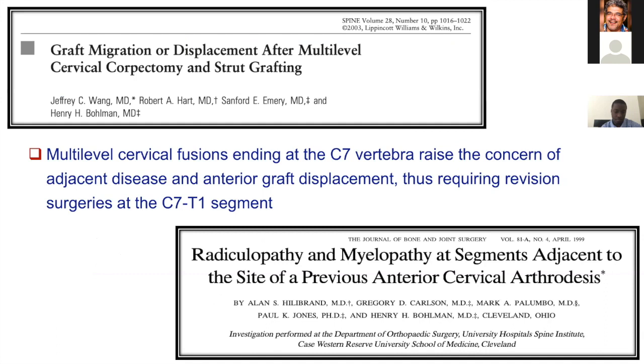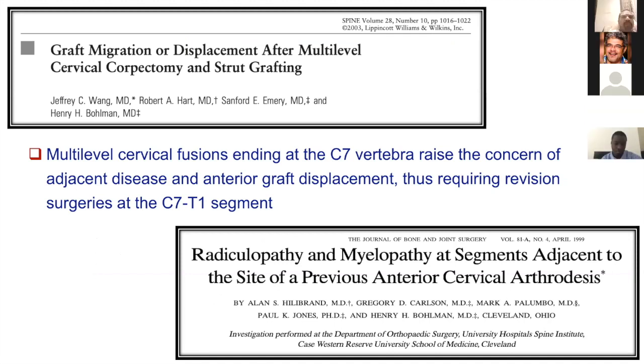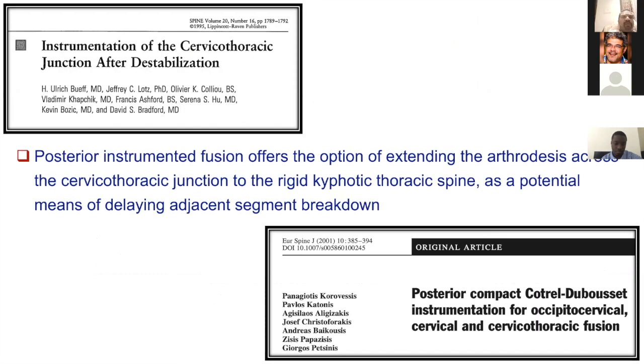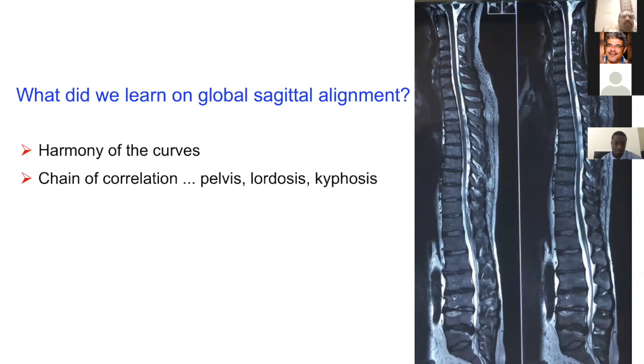Spine surgeons have experienced the need for revision surgery for adjacent disease in which C7 is the lowest instrumented vertebra. And extending the arthrodesis to the rigid thoracic spine will be able to protect them. We are aware of the importance of achieving or maintaining the harmony of the curves.